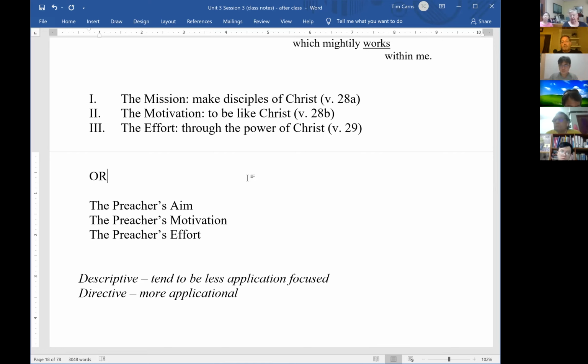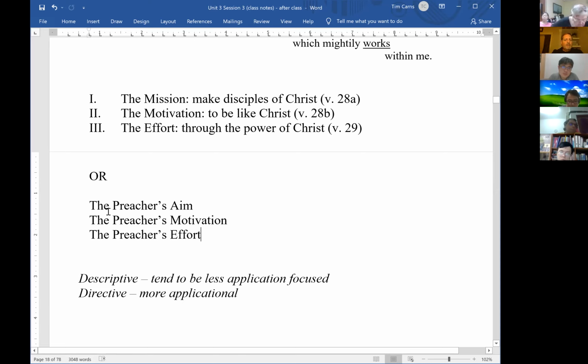You may be teaching a bunch of children, or a mixed group of people, or a group of pastors, or a group of teenagers or young people. And so your outline points should come from the text, but you may direct them a little differently as far as how you state the point, depending upon who you're addressing.